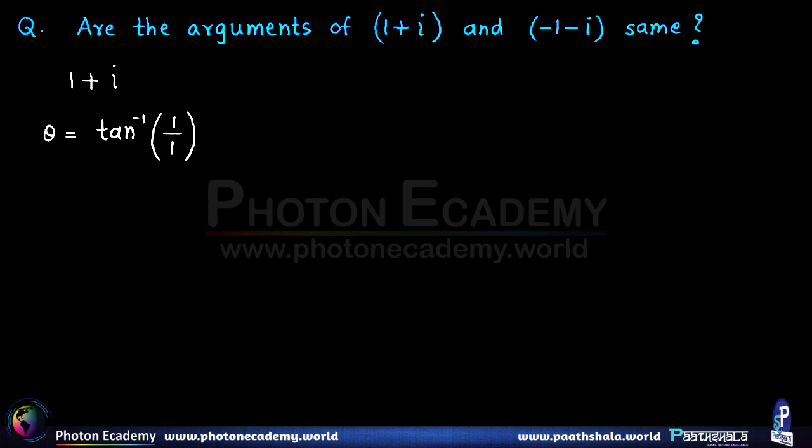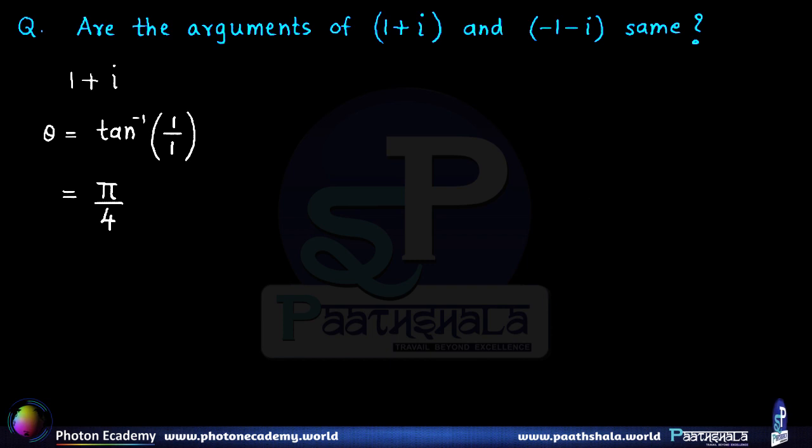Now we know that the angle related with tan inverse of 1 upon 1 is nothing but pi by 4, which is nothing but 45 degrees. And the number 1 plus i lies in the first quadrant. So we correctly got the angle which is lying in the first quadrant.